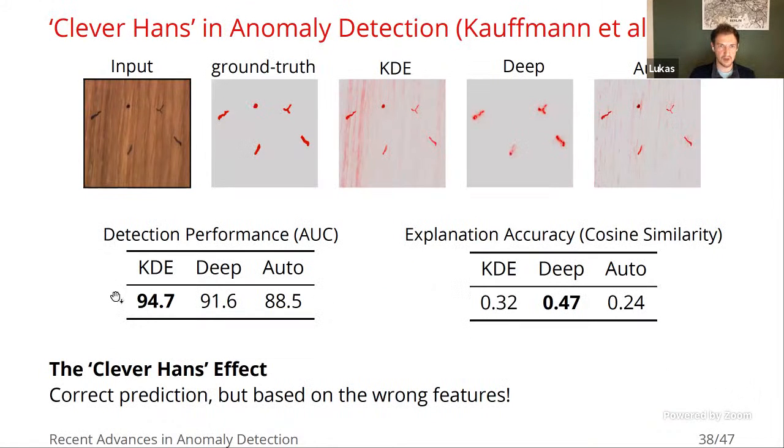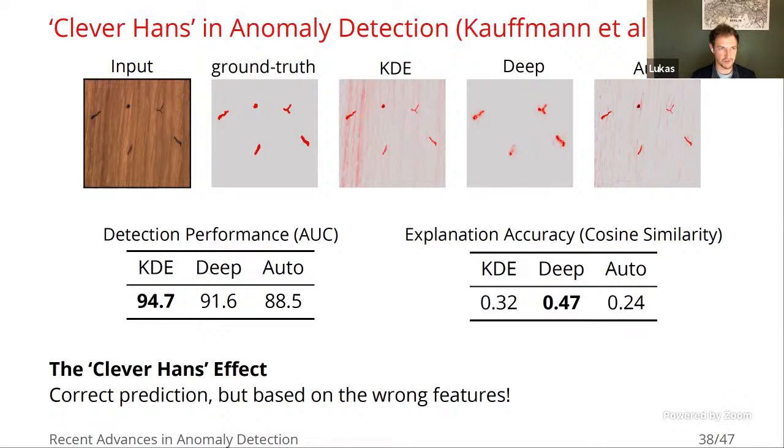And so here is an example again of wood panels where there are some holes and scratches on the wood, and we can see here in the second image the ground truth and the explanation for various methods. And what's interesting there is if we look at the pure detection performance, here in the left table, it seems to indicate that kernel density estimation for this data set is best in terms of detection performance.